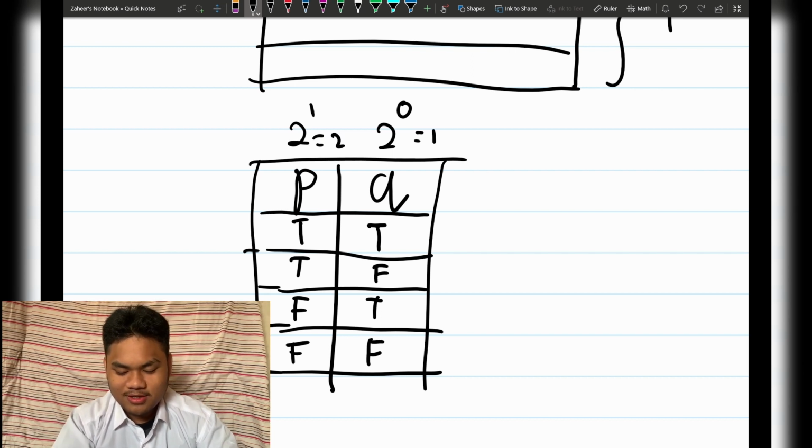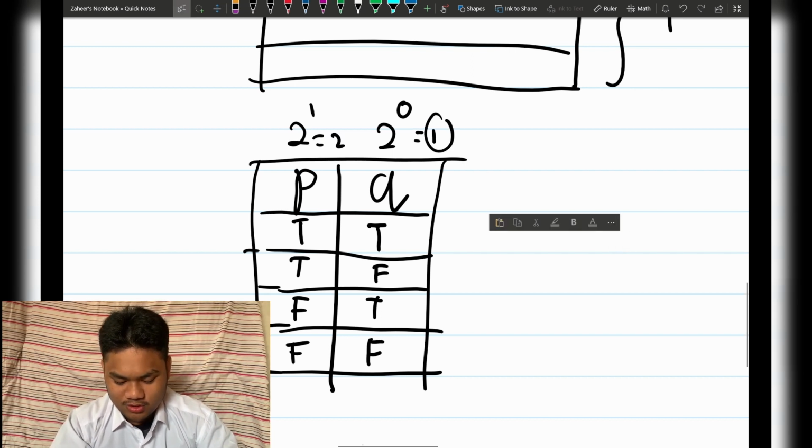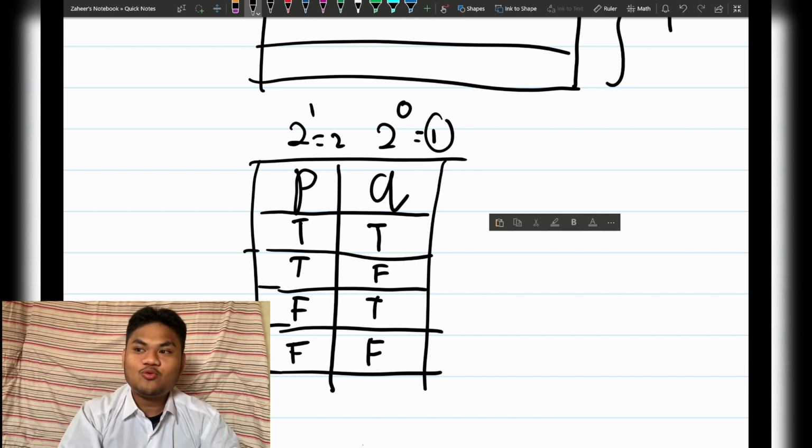That's why for Q it is true, false, true, false, and for P it is true, true, false, false.